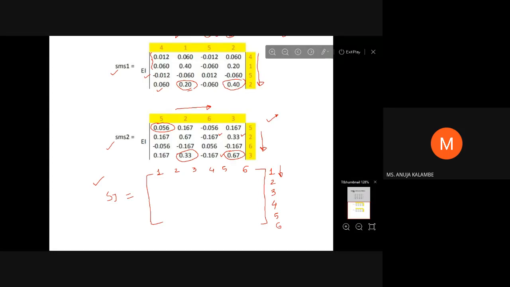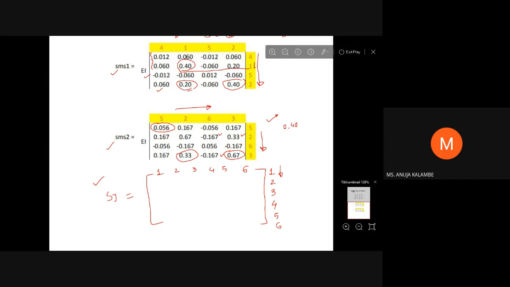So refer to SMS1, vertical first, vertical direction 1 to 1. What is the value of the coefficient? 0.40. Then refer to SMS2. Is there a combination of 1 to 1 in SMS2?